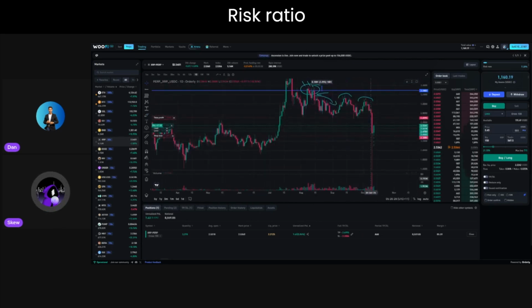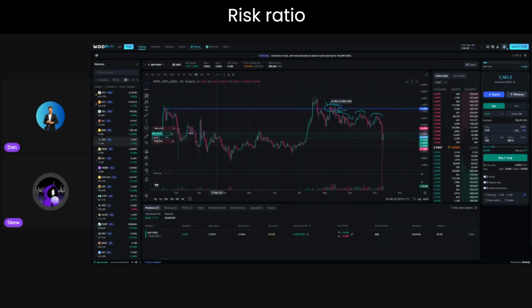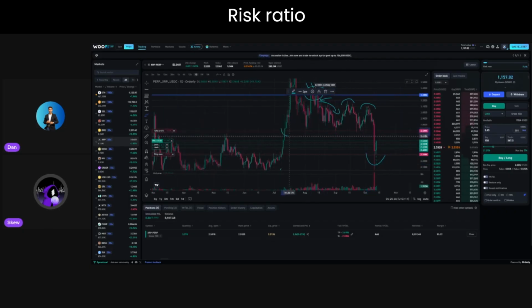If we exclude the wick and just focus on the body, technically speaking, this would be a higher low. And if this is bullish, then the easiest longs to make will actually be a reclaim of these lows.